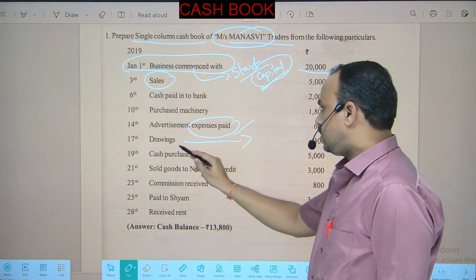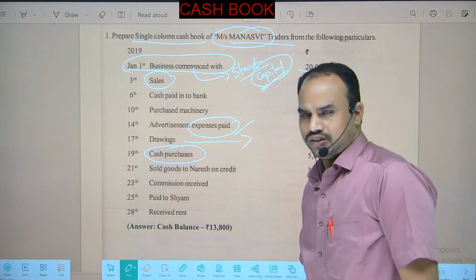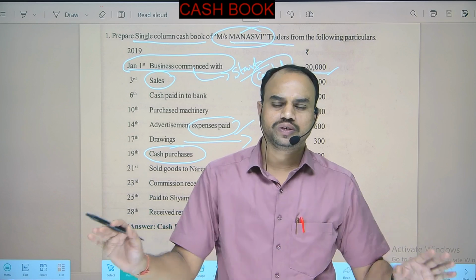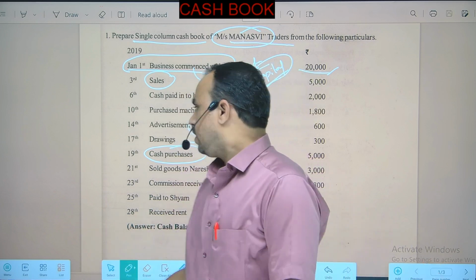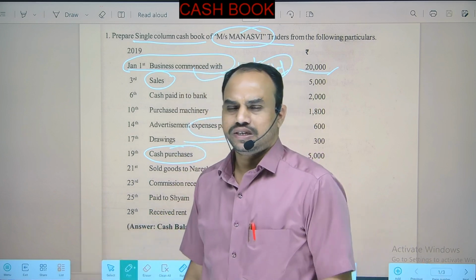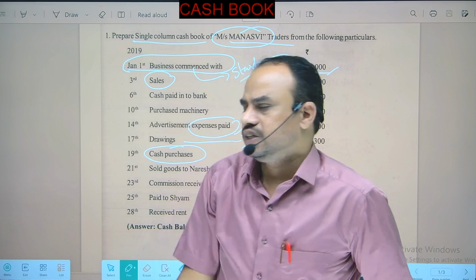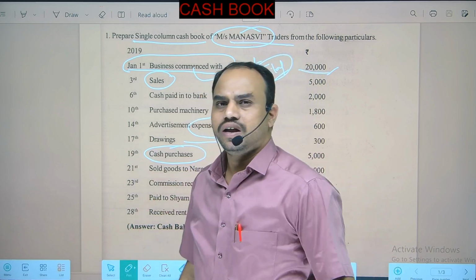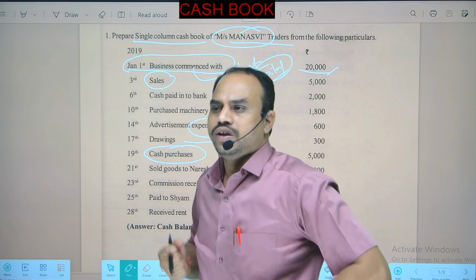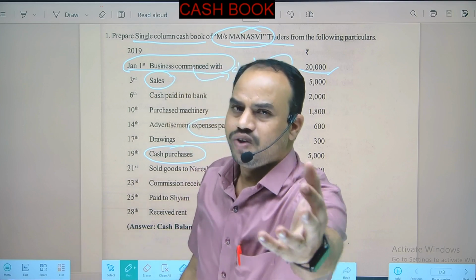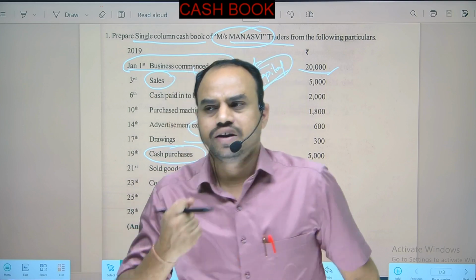Cash purchases. What is the meaning of cash purchases? Cash purchases does not mean we are purchasing with a 500 rupee note, 1000 rupee note or 2000 rupee note. Here cash purchases means in business we are purchasing goods and in return we are paying cash.